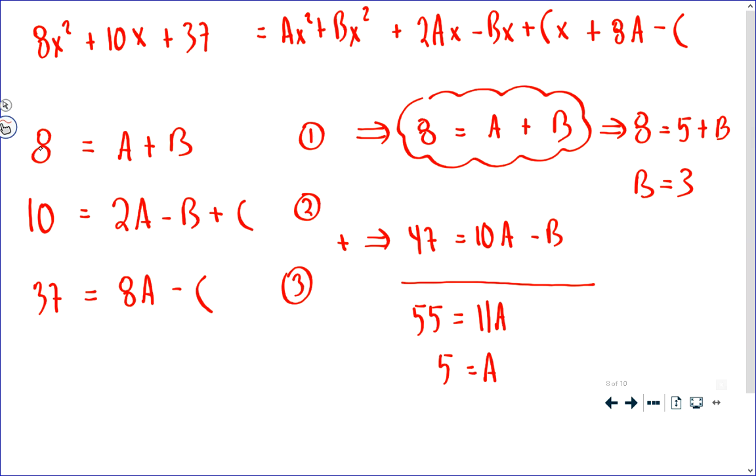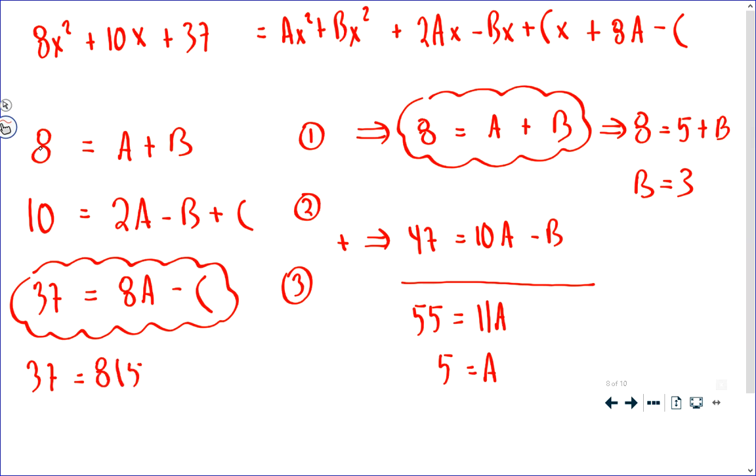I'm going to pick on this equation to find c solely because I still have a little bit of room on the board to write this. I'm going to have 37 equals 8 multiplied by a, which is 5, minus c. So c will be equal to 8 multiplied by 5, which is 40, minus the 37. C is going to be equal to 3.